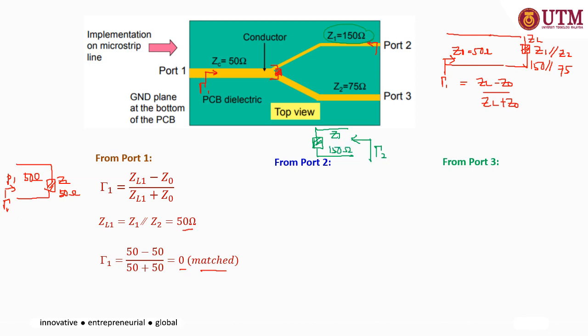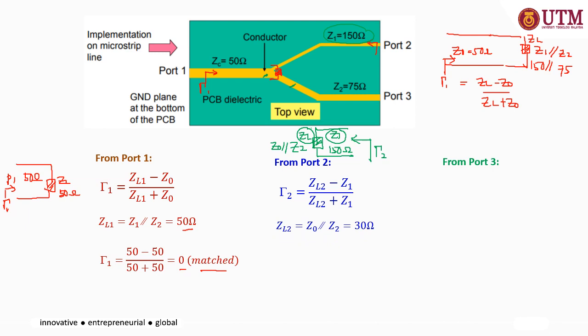The ZL at this point is Z0 in parallel to Z2, 50 in parallel to 75. To get gamma 2, it is ZL minus Z1, the line impedance, divided by ZL plus Z1.